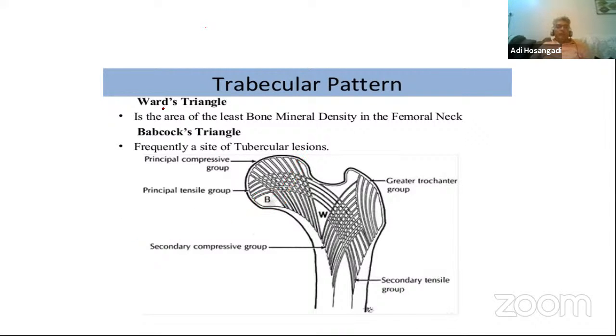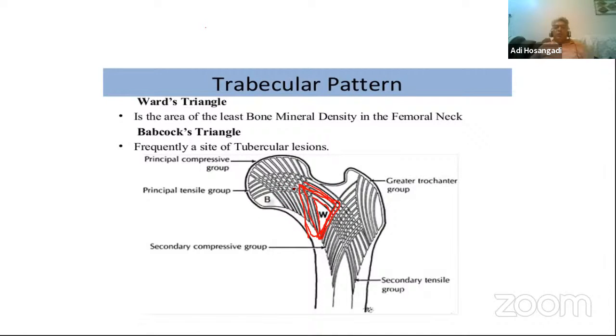And just for completion's sake, I have put this Watt's triangle. Watt's triangle is with respect to osteoporosis only, not related to tuberculosis. So this is the Watt's triangle. In osteoporosis, what happens? The triangle becomes wider and wider. It goes on increasing in size because of the disappearing of the trabeculae.